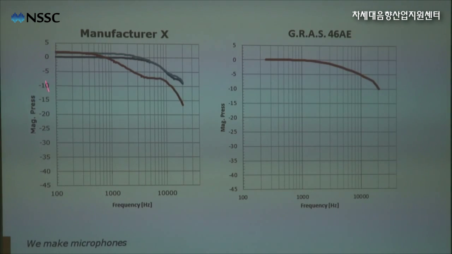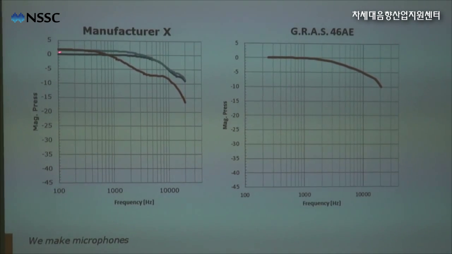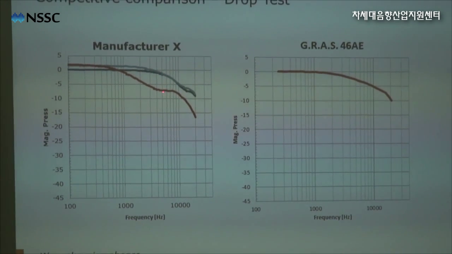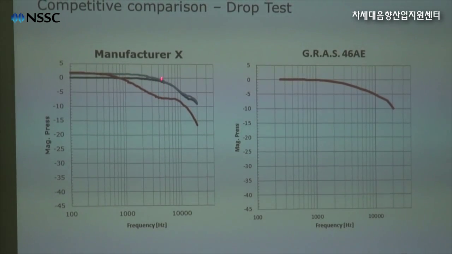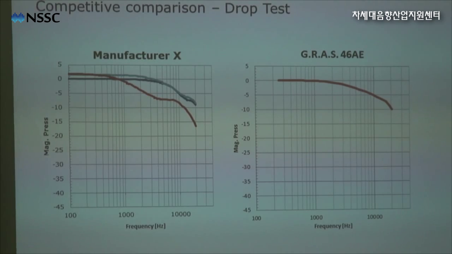So comparing these results with a G.R.A.S microphone, you can see that there is a difference. There is actually a big change of up to 5, 6, 7 dBs in the midsection here, after being exposed to a drop of half a meter.